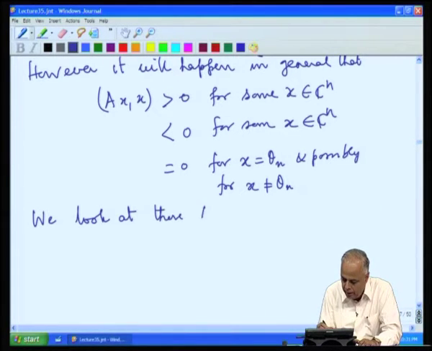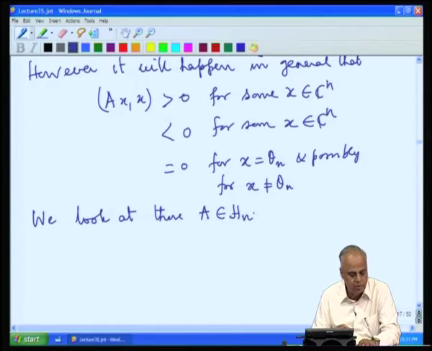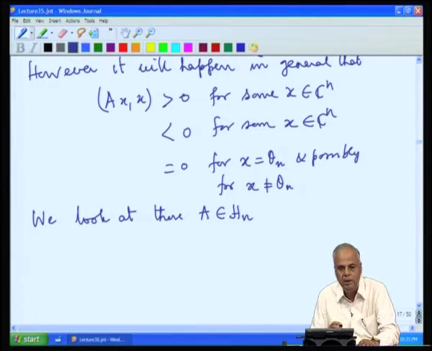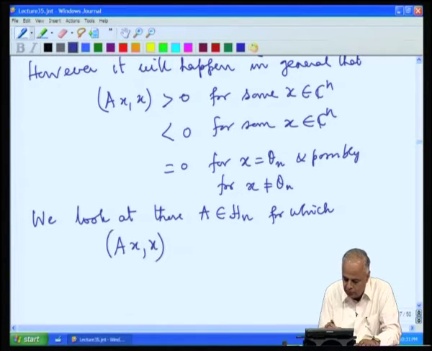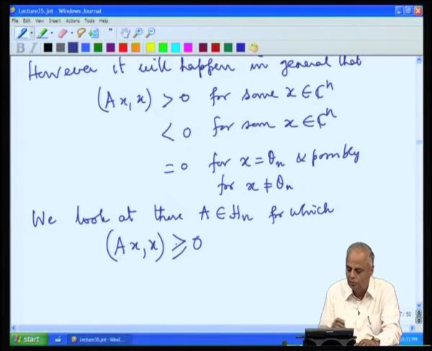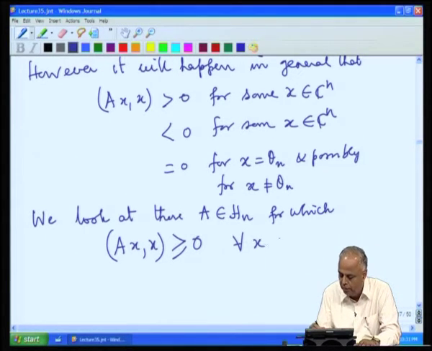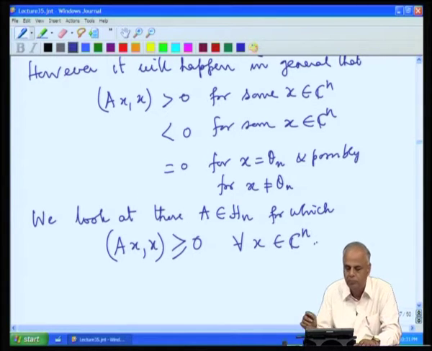So, we look at those A which are Hermitian. Whenever I write A belongs to H n, what we mean is that A is a Hermitian matrix. So, we look at those A in H n for which A x comma x is always greater than or equal to 0 for every x in C n.